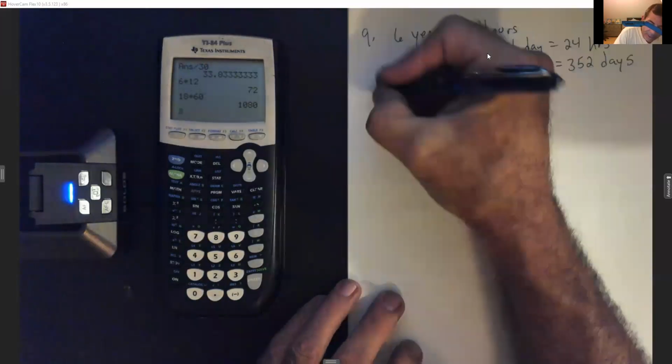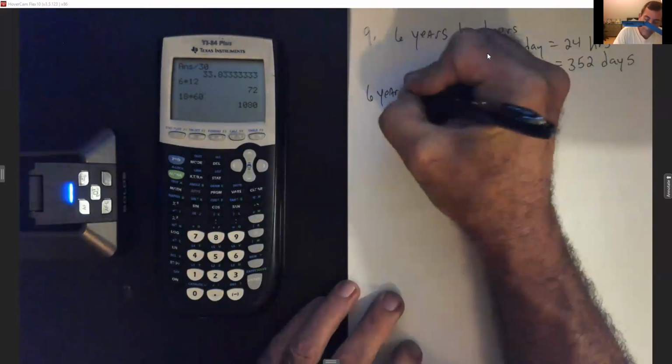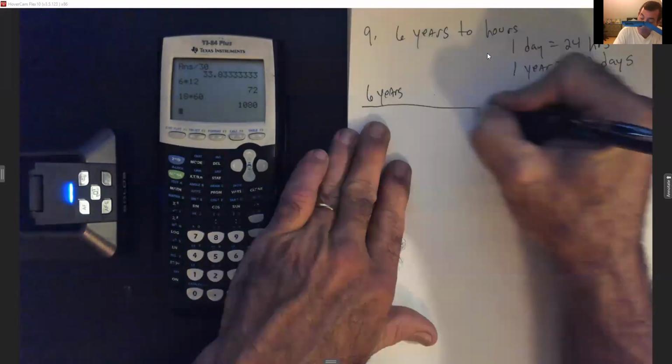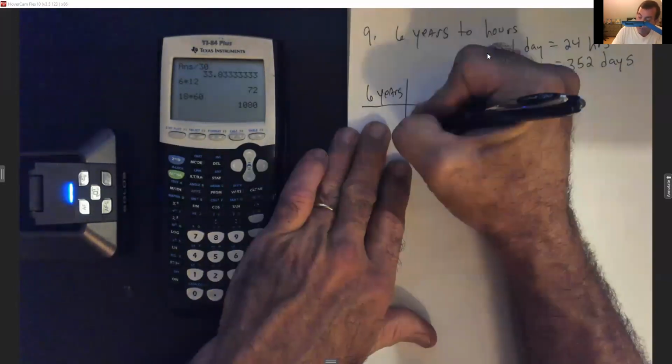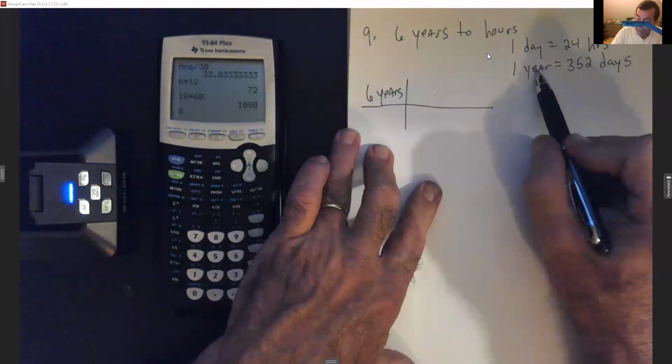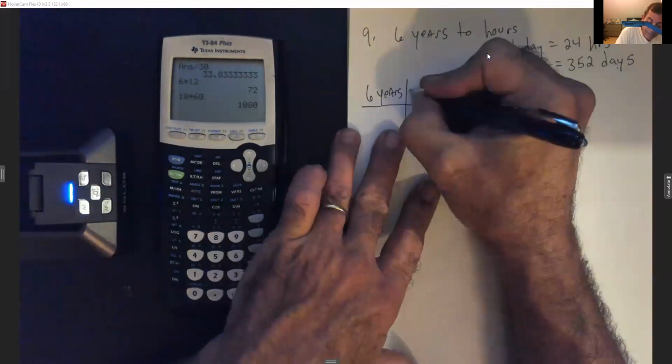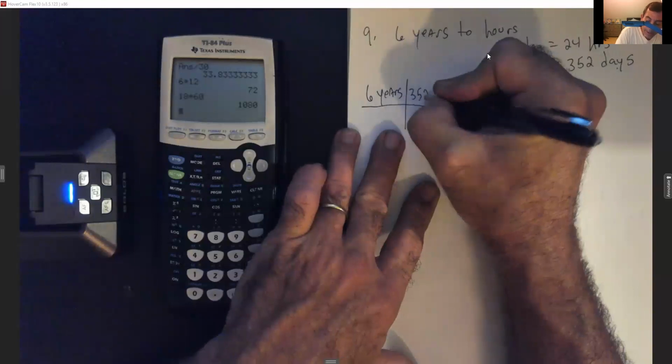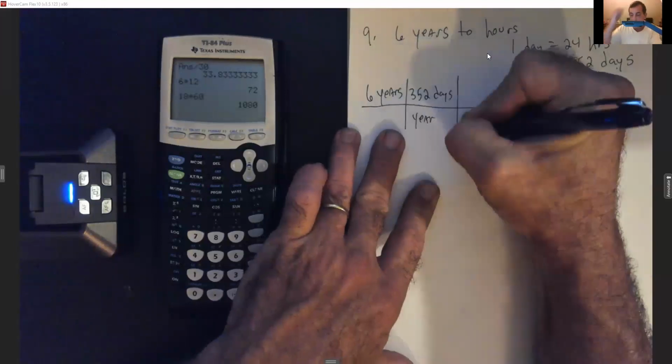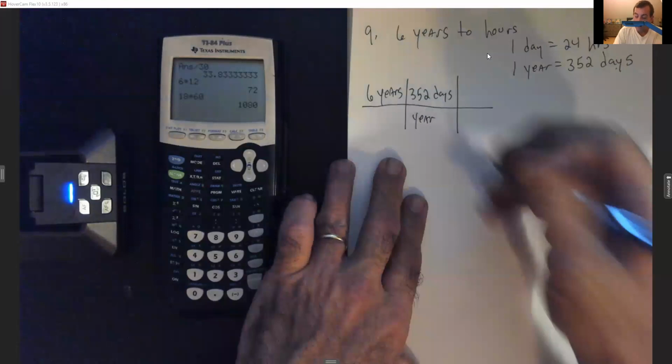So I got 6 years I'm starting with. So that's my given amount, right? I'm going to go from years to days. So for every year, there's 352 days. So watch this. The years cancel.